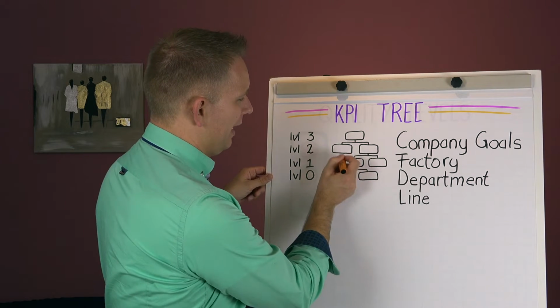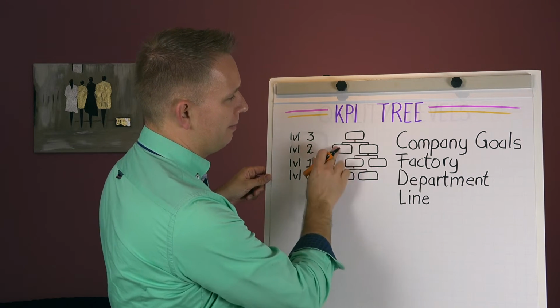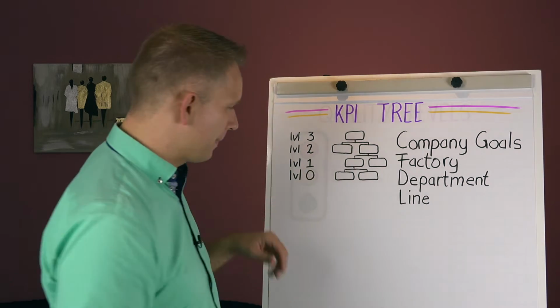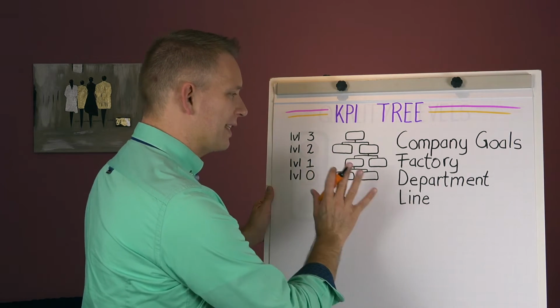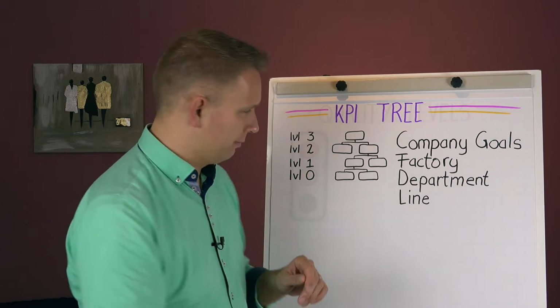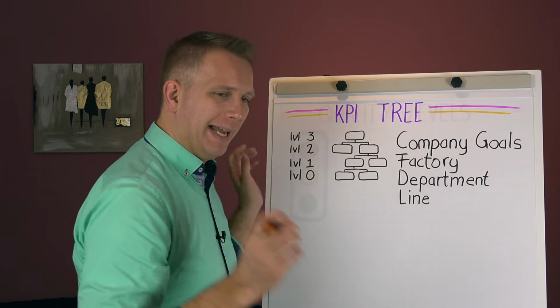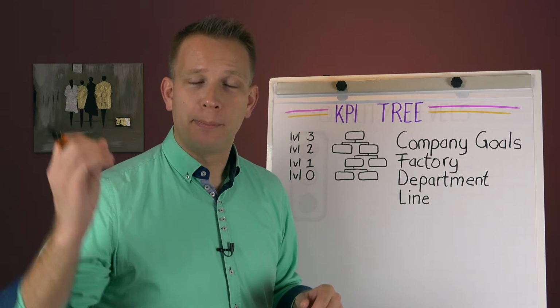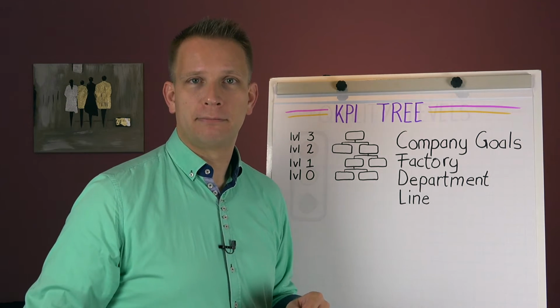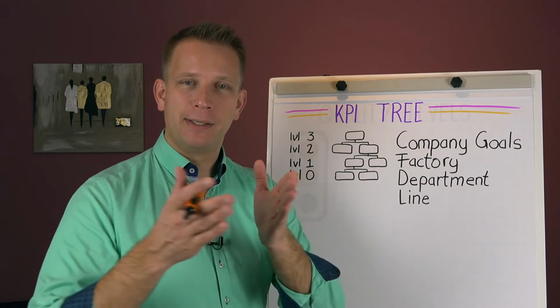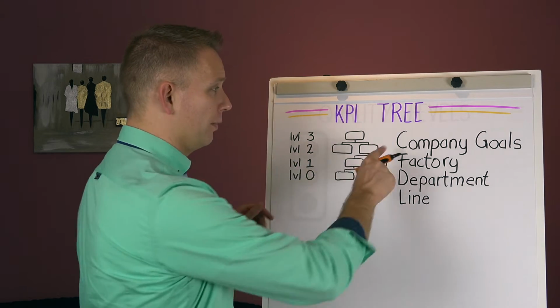You can imagine that there are also KPIs above this factory, below this factory, KPIs below this department, things like that. But what you will see is that the meeting that you have with your company, it is led by the person in charge of the company. Right? So the CEO should also lead the performance meeting for the company.